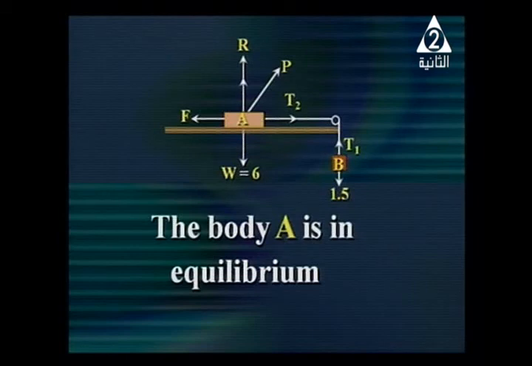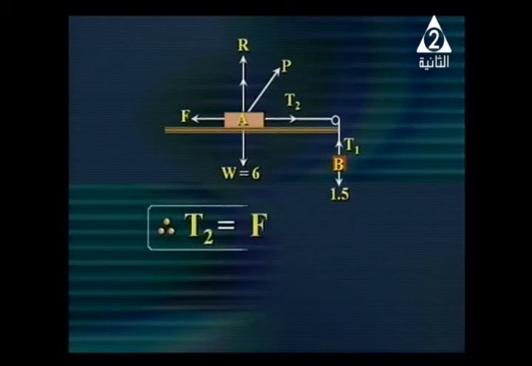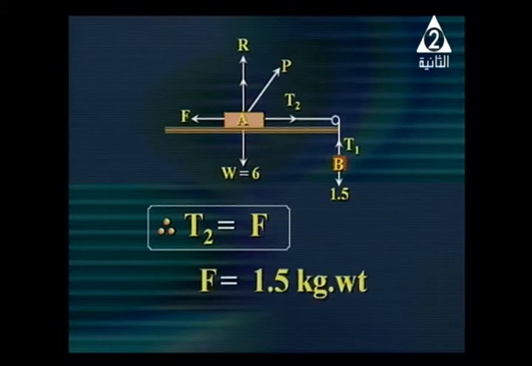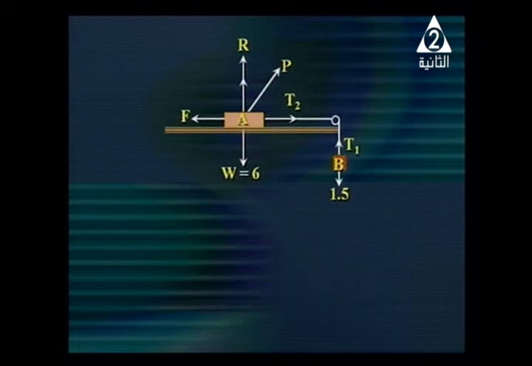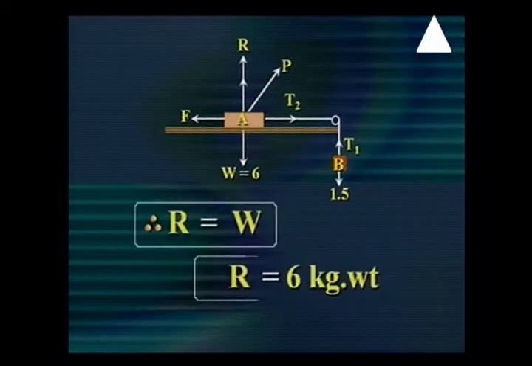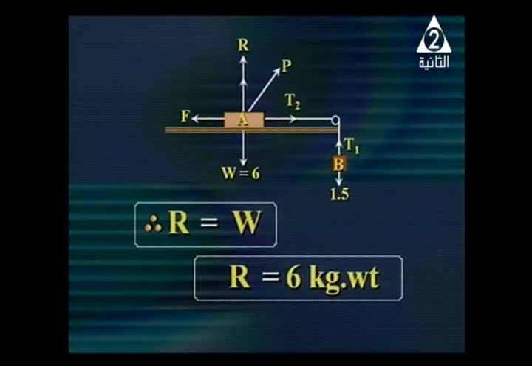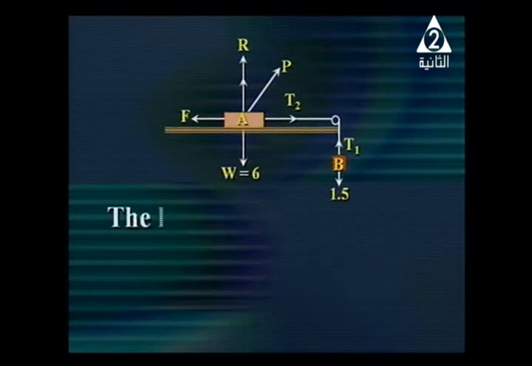The first: T2 equals F. Remember, T2 equals T1, and T1 equals 1.5, so T2 is 1.5. Then F equals 1.5 kilogram weight. The second equation in equilibrium: R equals what? W. What is W? 6 kilogram weight. Then the reaction force equals 6 kilogram weight.